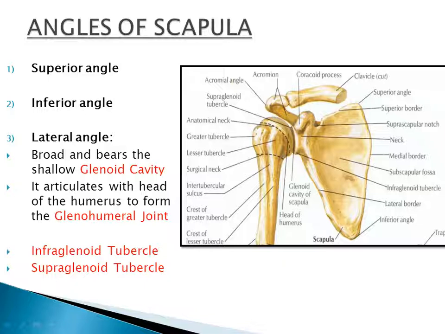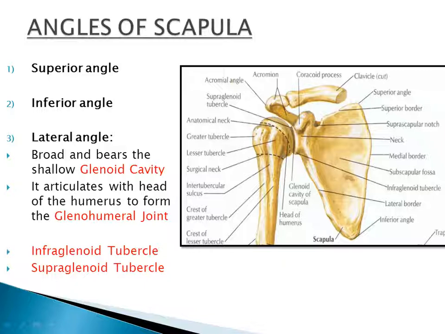The glenohumeral joint, also called as the shoulder joint, is formed between the glenoid cavity of the scapula and the head of the humerus. So you have to remember that scapula has three angles: superior angle, inferior angle, and a lateral angle. The lateral angle bears a cavity which is called as glenoid cavity, which articulates with the head of the humerus to form glenohumeral joint.